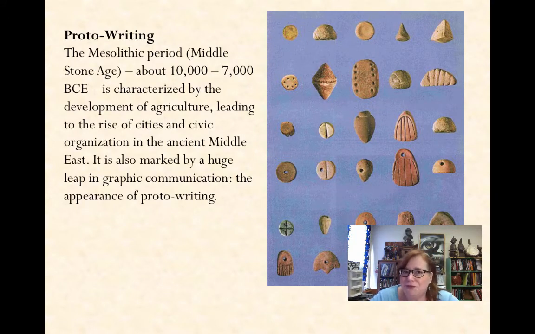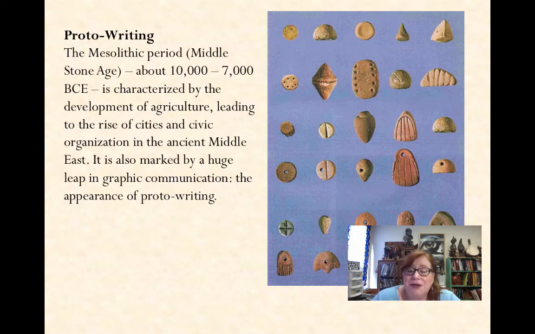So we have first proto-writing. So the Mesolithic period is the Middle Stone Age, from about 10,000 to 7,000 BCE, and it's characterized by the development of agriculture. You can only do that if you have a stable organization of people who remain in the same place for a period of time.